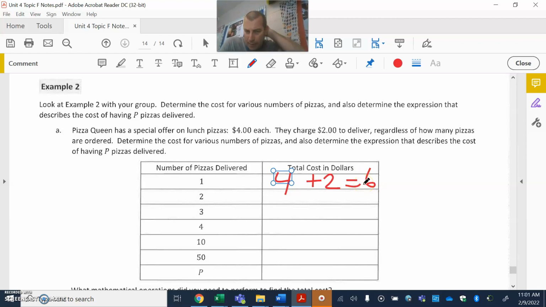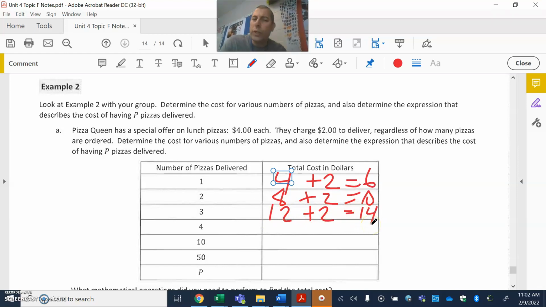If we order 2 pizzas, that'll be $8. We're still getting charged $2 for delivery, regardless of how many pizzas there are. So now we're at 10. Let's do 3 of them. That's $12, and then we're getting the $2, so we are up to 14.